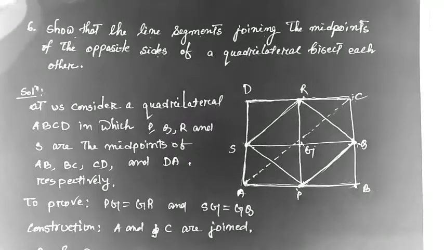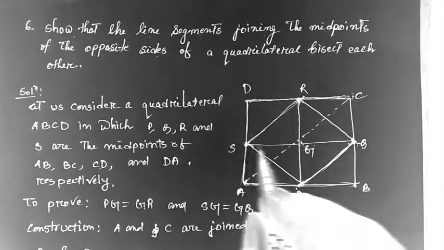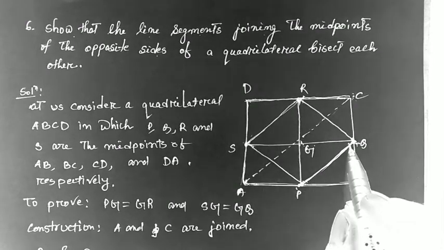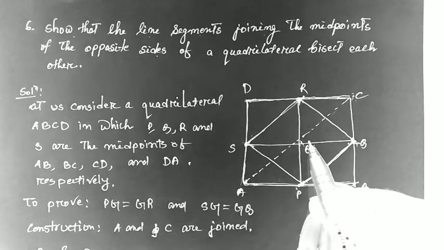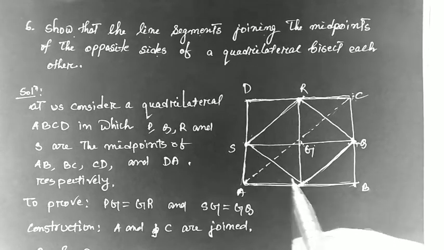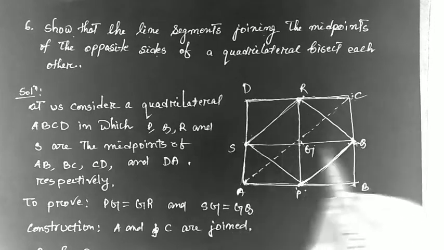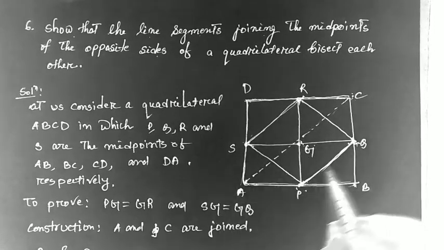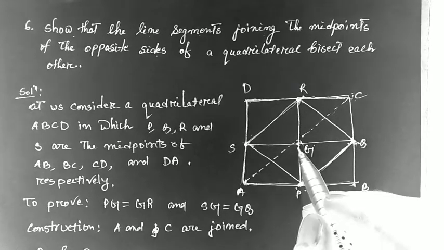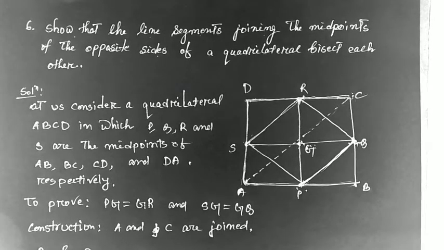And we know that the diagonals of a parallelogram bisect each other. Here, in parallelogram PQRS, PR and SQ are the diagonals, and this is one property of a parallelogram. First of all, we have proved that PQRS is a parallelogram. Since PR and SQ are diagonals of PQRS, they will bisect each other. So PG is equal to GR and SG is equal to GQ.